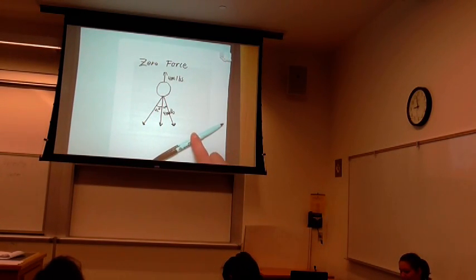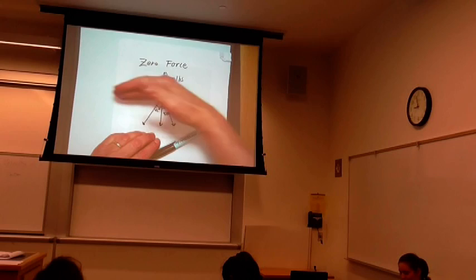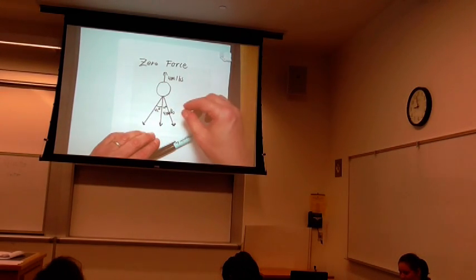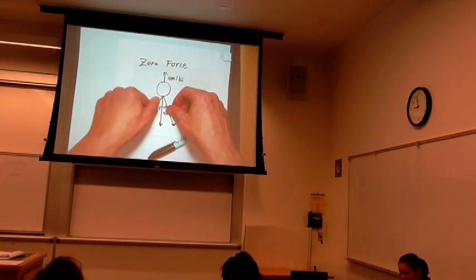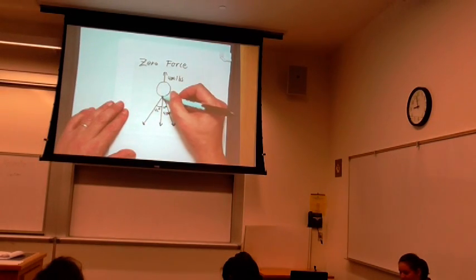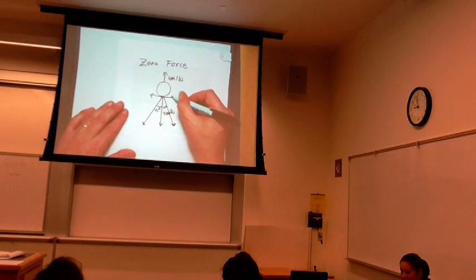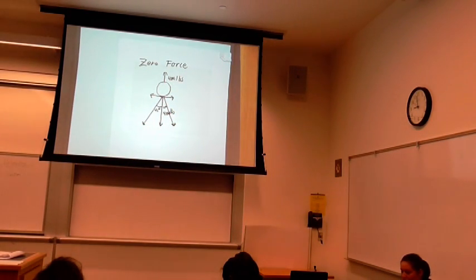But this is a two-dimensional force, right? It's both up and down and side to side, which means that one of these ropes is pulling with a certain force this way, and the other rope has to be offsetting that exactly.